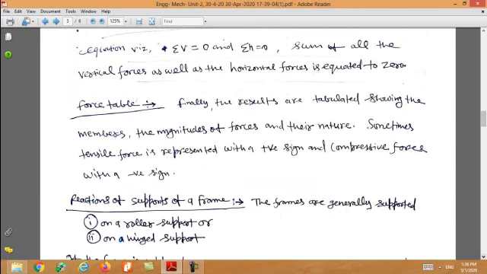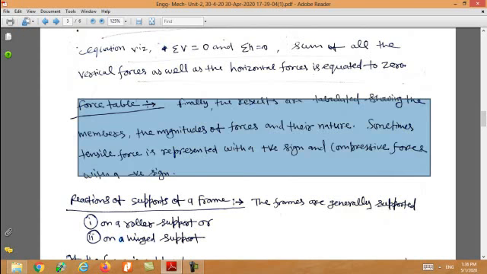Clear? Okay, so for finding the magnitude of the forces for each member and its nature, we will draw a table, and in this table, finally the results are tabulated showing the members, the magnitude of the forces and their natures.